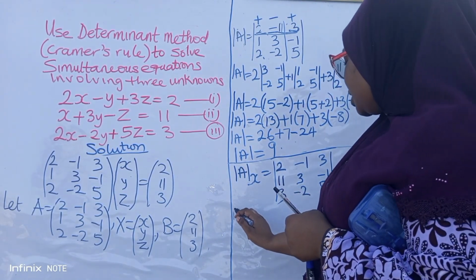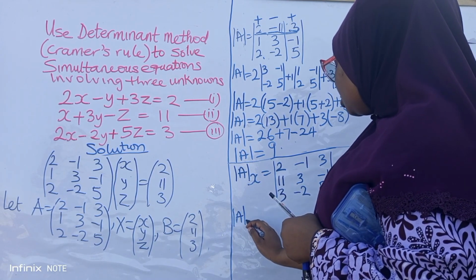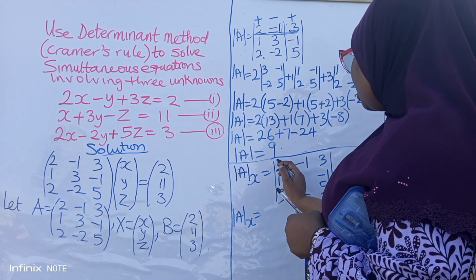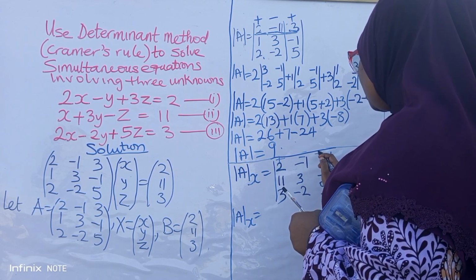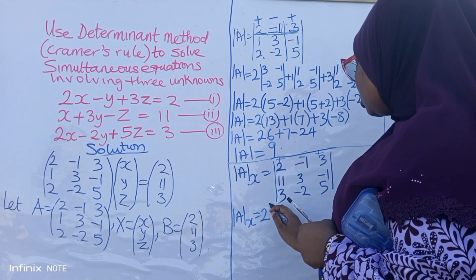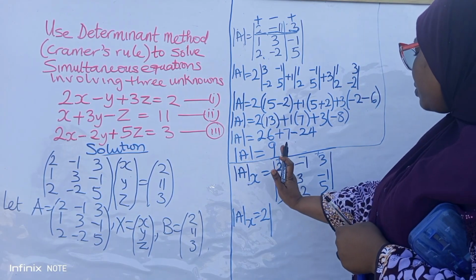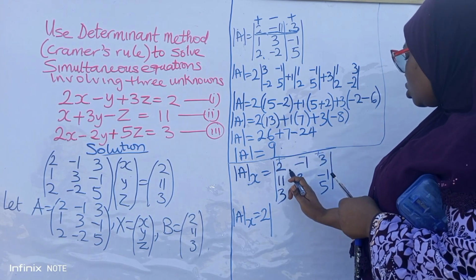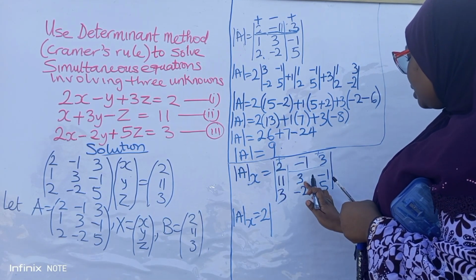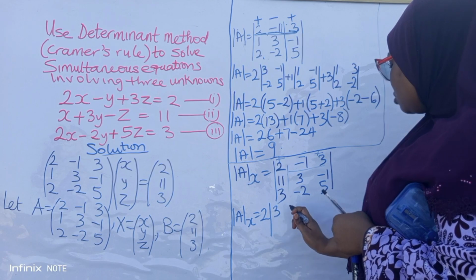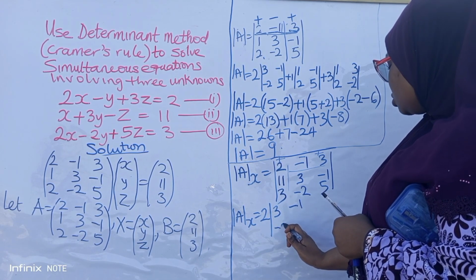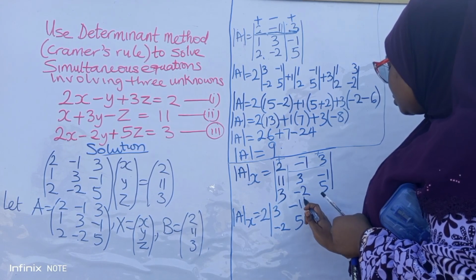So now the determinant of A subscript X, you put plus, minus, plus. So this is 2. The determinant, cover it vertically, cover it horizontally. So cover like this, cover like this. So we are left with 3, minus 1, minus 2, 5.